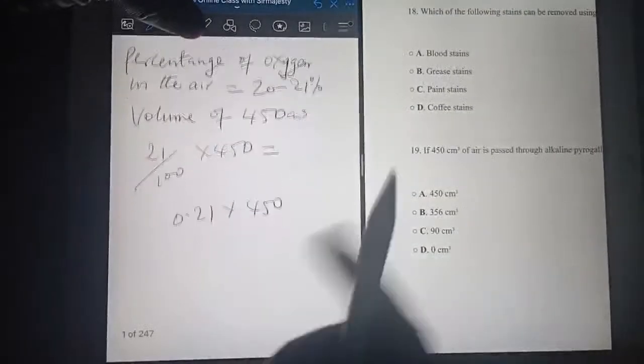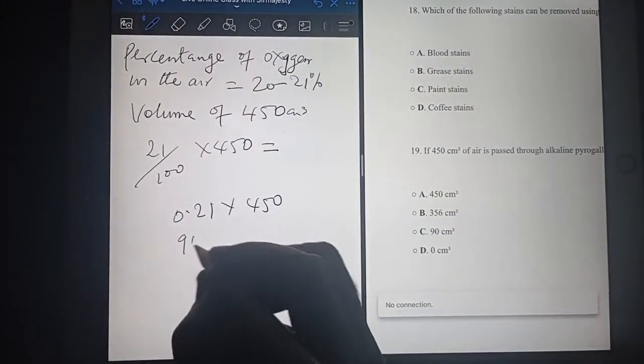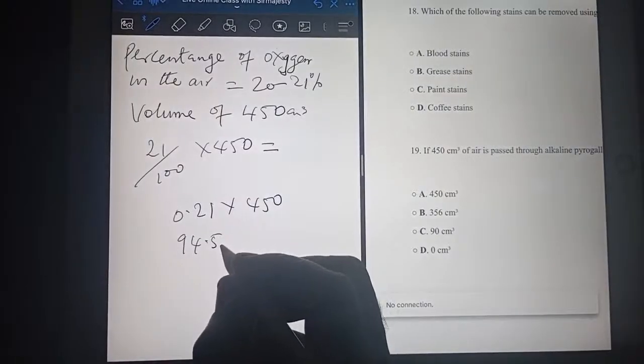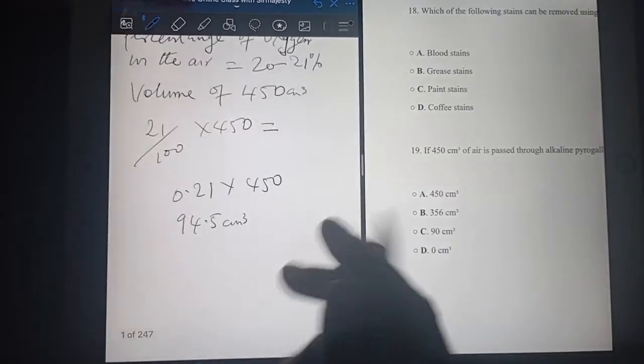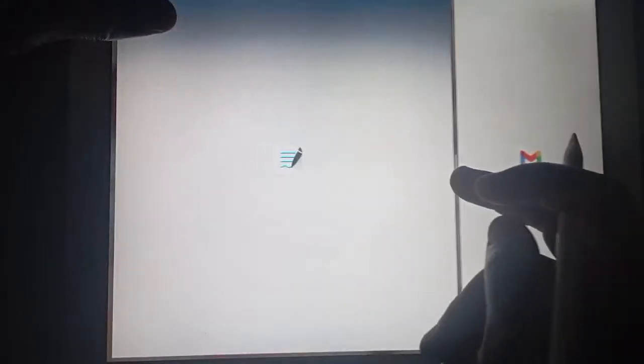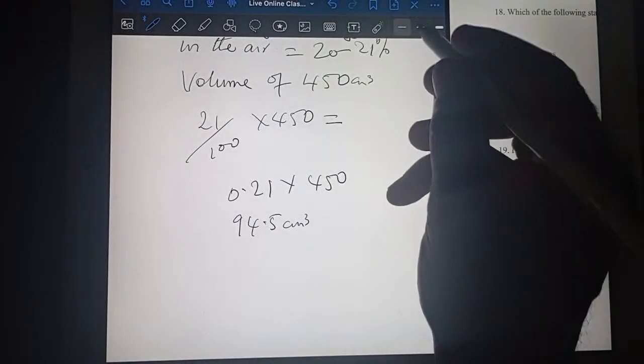So we have 94.5 cm cube. Therefore, this is the volume of oxygen removed.